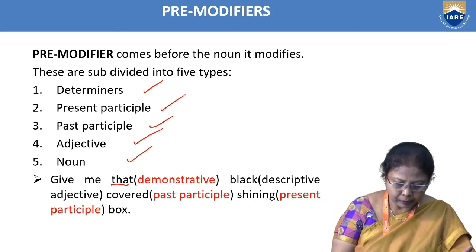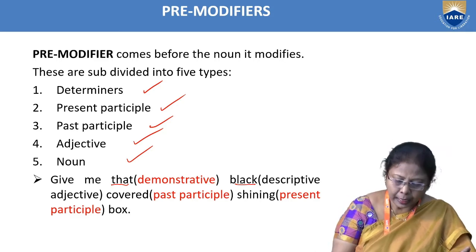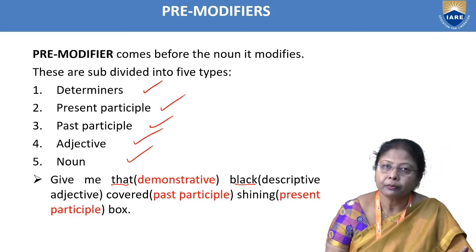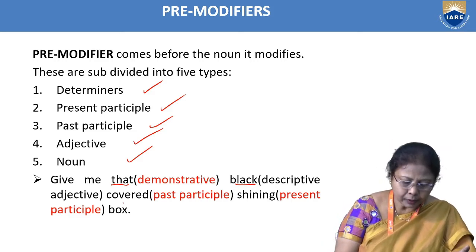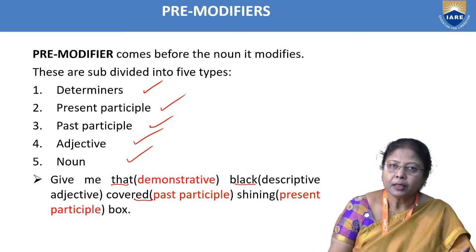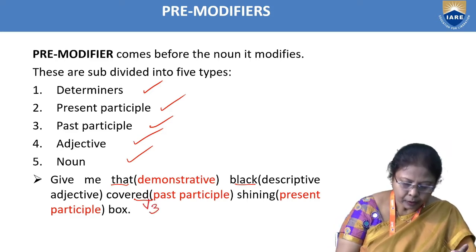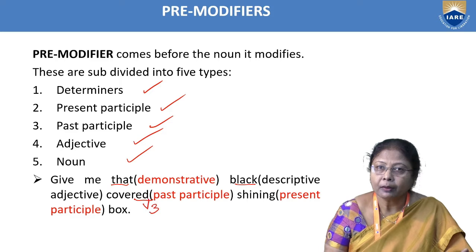And here black is a descriptive adjective. Black cover: here cover acts as a noun and black acts as an adjective. Again, covered means it's a past tense form, V3, the third form of the verb.